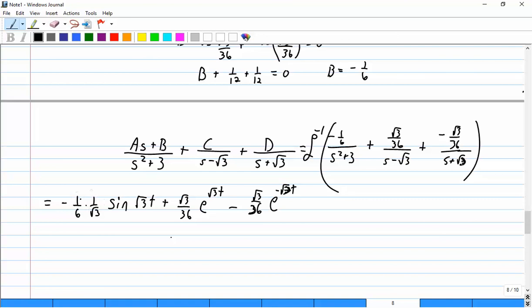So I'll just write this as negative square root of 3 over 18 sine square root of 3t. I mean, I'm pretty sure if you factor out a square root of 3 over 6, it'll make it look better. But there we go.